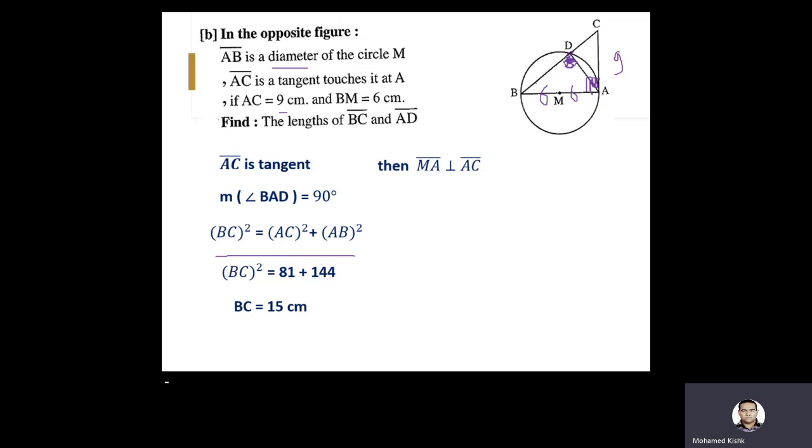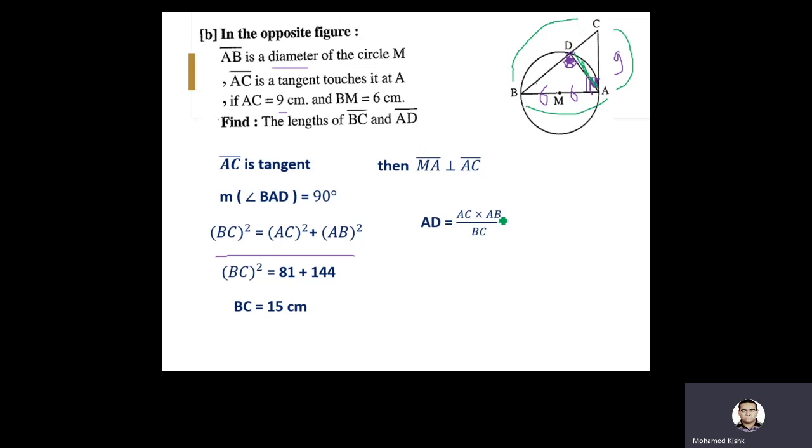Now he is asking about the length of AD. How can we find the length of segment AD? Okay, we have a right angle triangle and there is a projection onto AD, so we can use Euclidean theorem. Euclidean theorem tells us if we want to find the length of AD, it will be AC multiplied by AB divided by the hypotenuse BC.